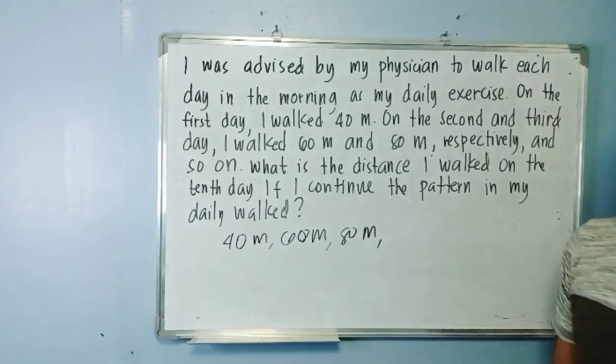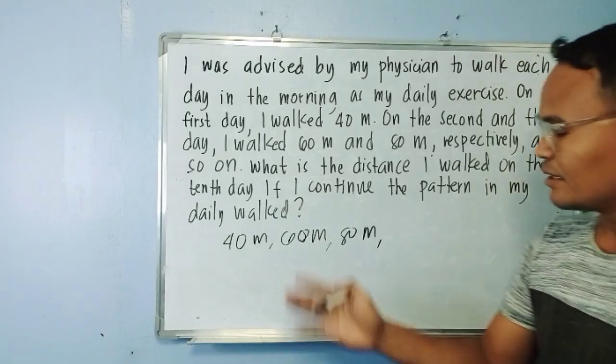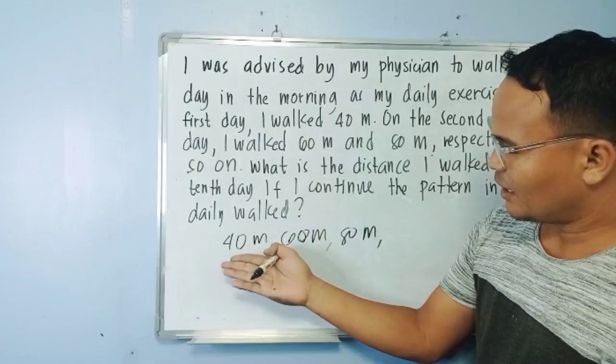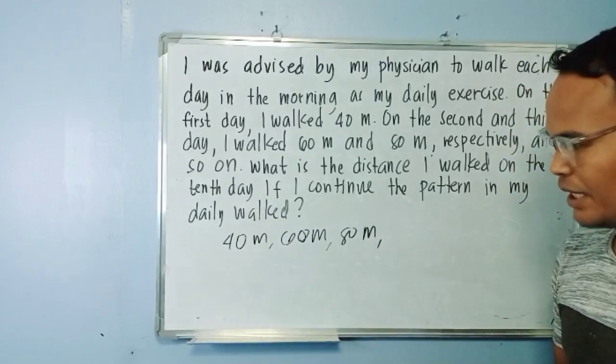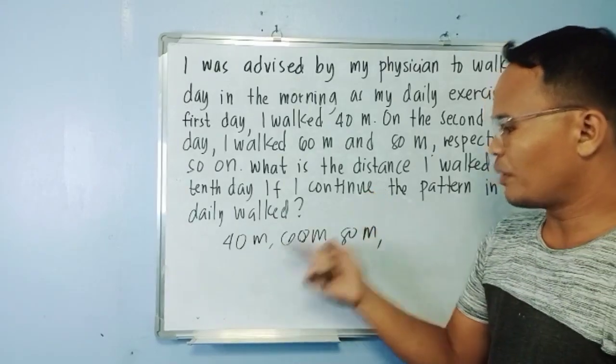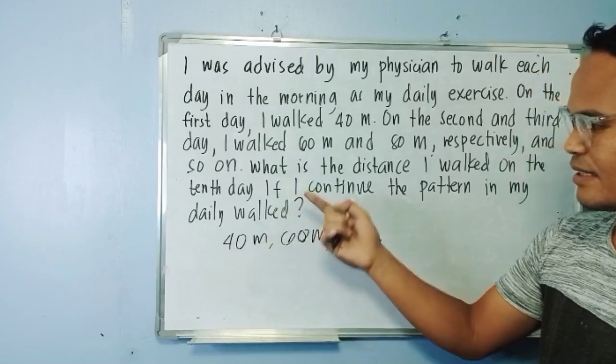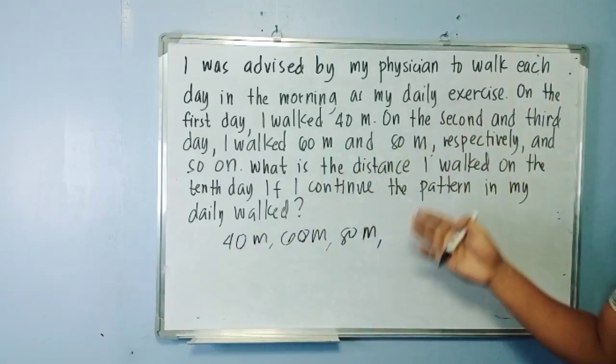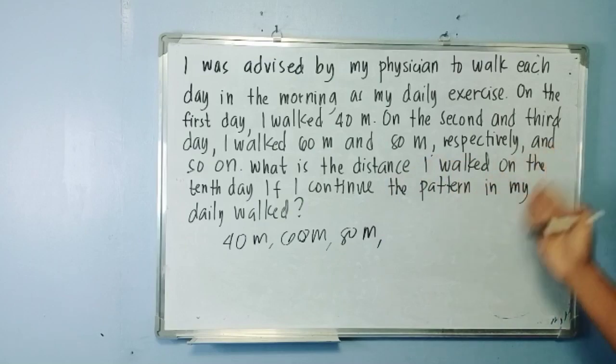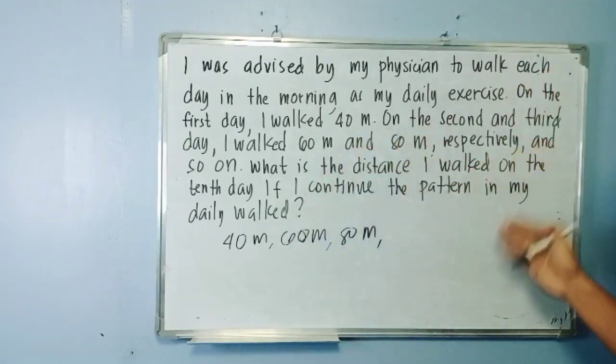What is the pattern? The pattern is we added a common number, that is 20 meters. 40 plus 20 is 60. 60 plus 20 is 80. So what is the distance I walked on the 10th day if I continue the pattern in my daily walk?